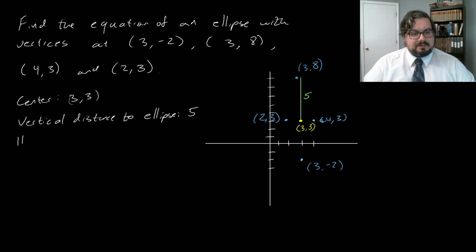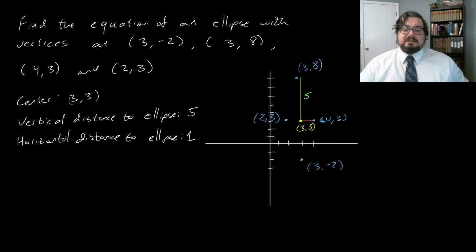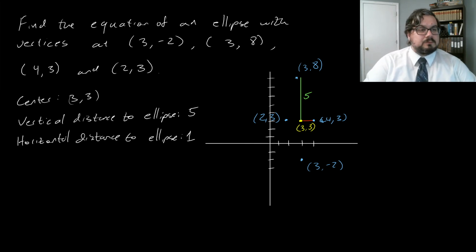And we have that the horizontal distance to the ellipse is 1, because from the point 3, 3 to the point 4, 3 is a distance of 1. And that's all we need in order to write down the equation of the ellipse.